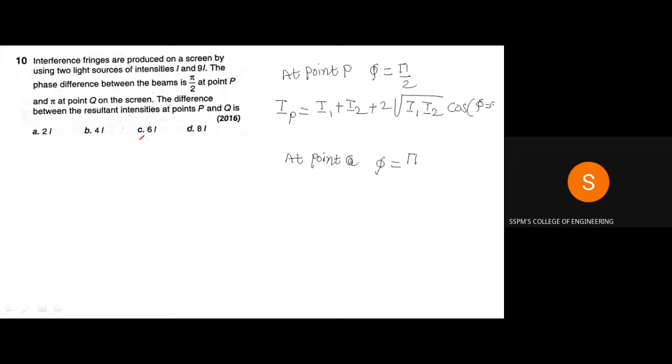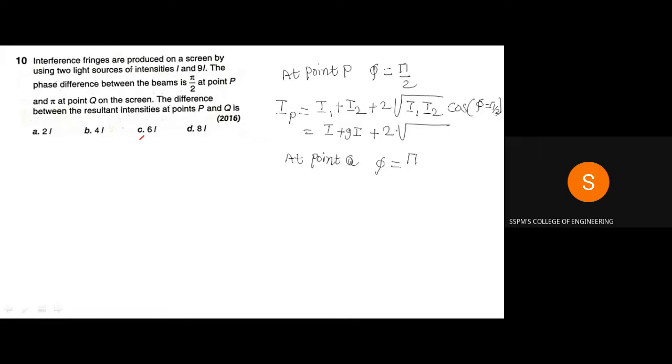So I1 is I, I2 is 9I, plus 2 square root of I1 I2 into cos of pi by 2, which is 0.